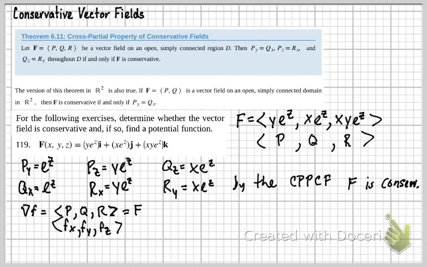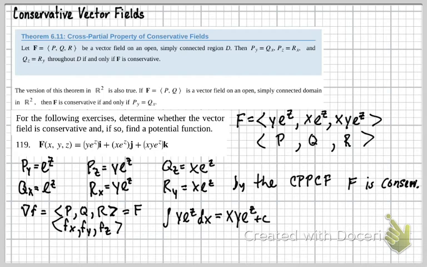Now we're going to take this first component and integrate it with respect to x. These integrals are going to be pretty nice to work with too. The integral of x e to the z dx should equal my f, partially. So this is going to be x y e to the z plus c.